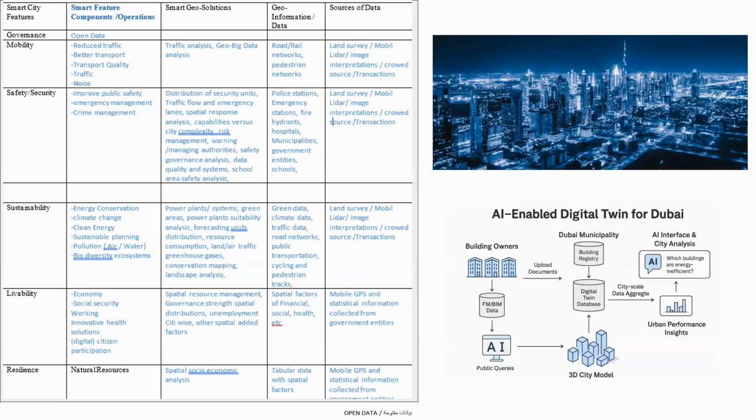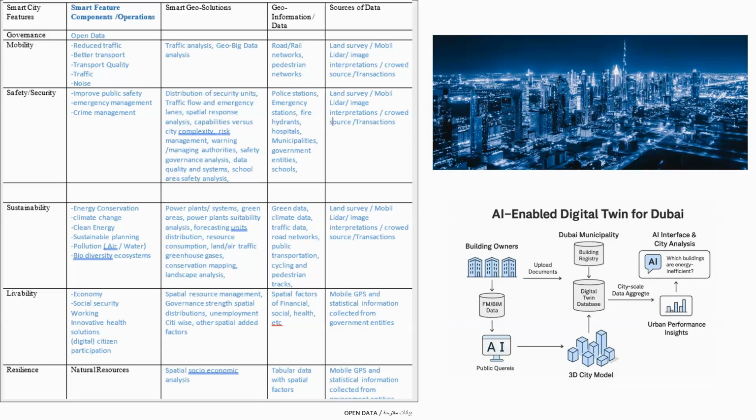In this other table, we look into the smart city feature, then smart feature components and operations, and then we will see the smart geo solution. Once we understand the operation and the category, for example mobility, and then reducing traffic, better transport, etc., we start thinking about the geospatial solution that can help and support the smartness of the city in this element.